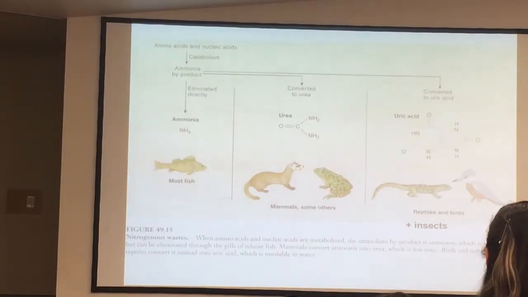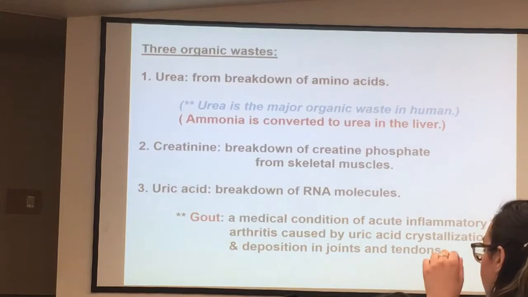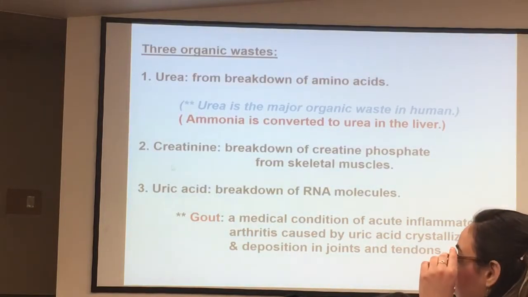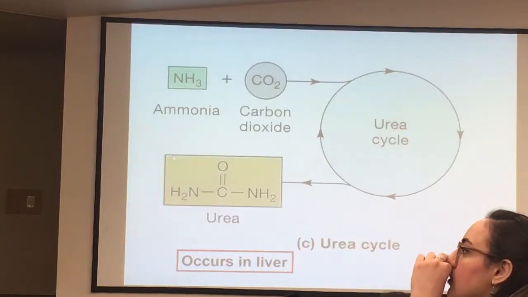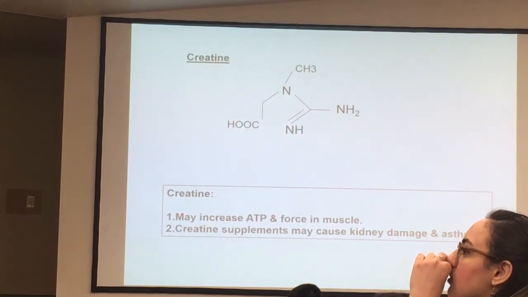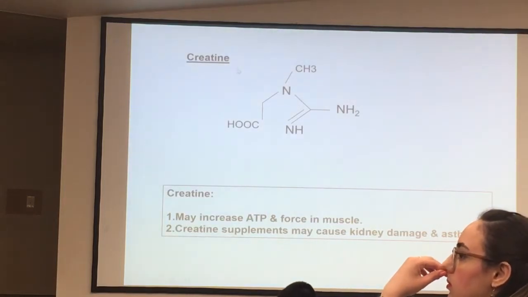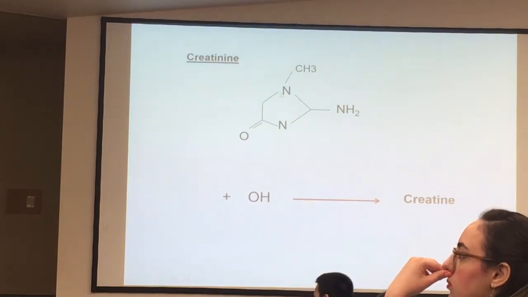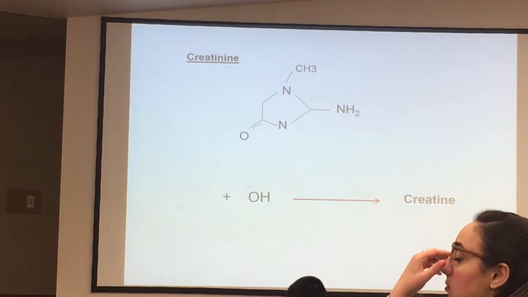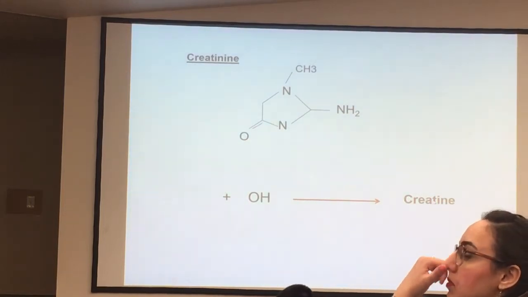Now I have to say something about the other waste that we call creatinine. Creatinine is coming from a structure called creatine. That's creatine, and creatinine is a pentagon structure here. Okay, creatinine and one more OH group become creatine.